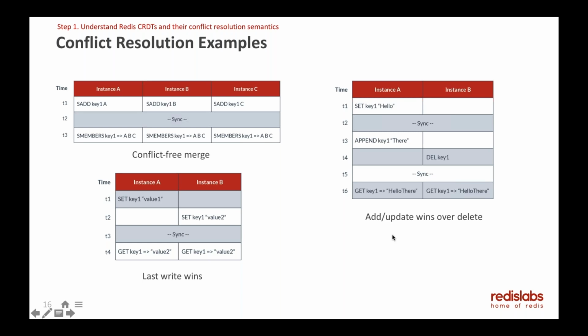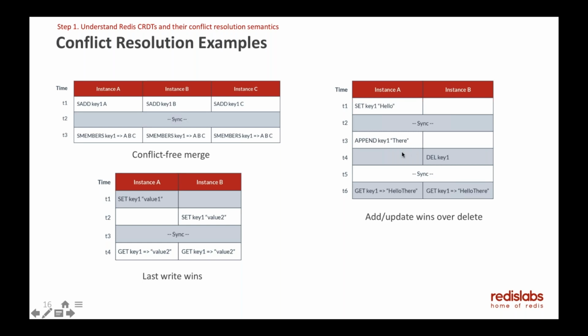Now, in case of add and delete happening at the same time, add or update wins over delete. In this example here, I'm setting hello to key 1, and I'm doing an append here at time T3.